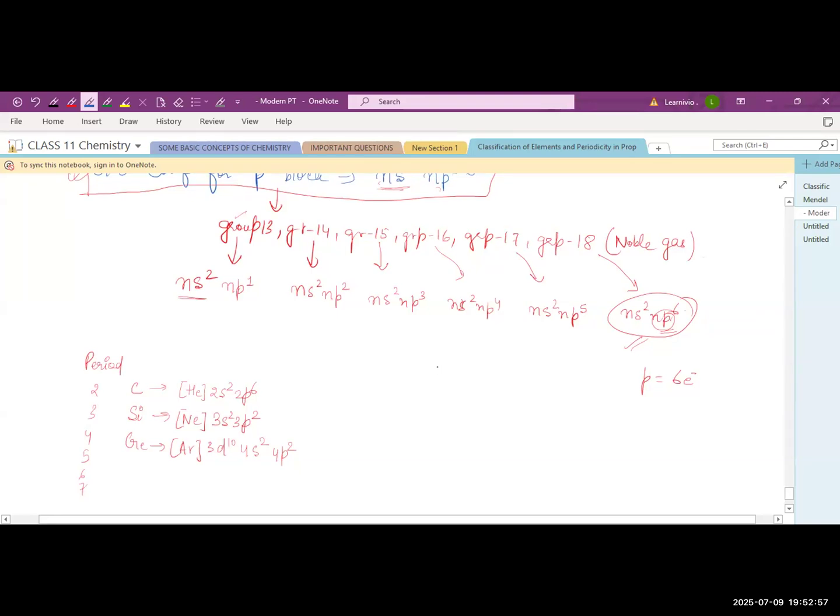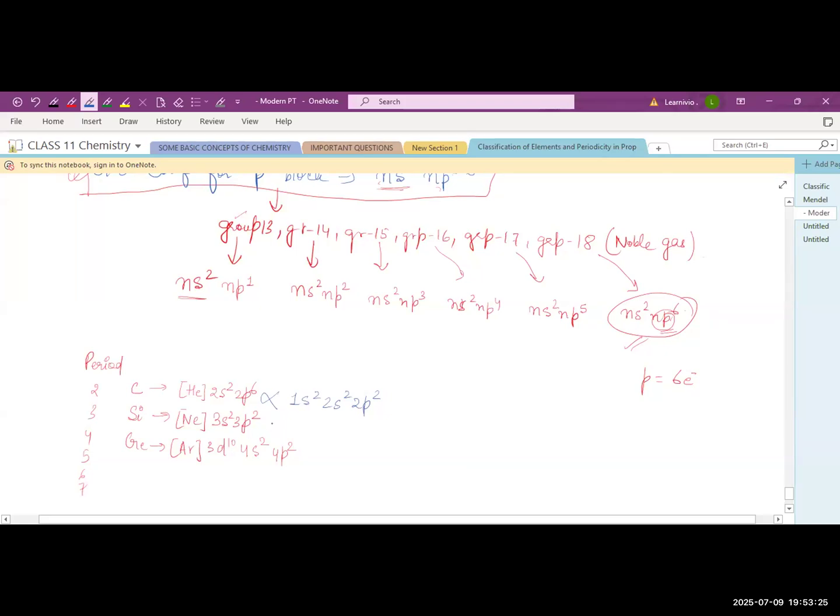Atomic number of carbon. 6. Yes, it's 6. Now check how many electrons you have filled: 6 plus 2 plus 2, 10. So it's wrong. So the correct electronic configuration will be 1s2, 2s2, and 2p2. Right? Okay.